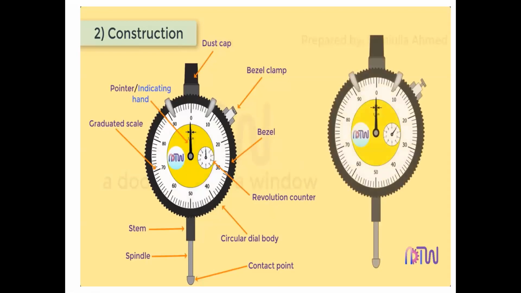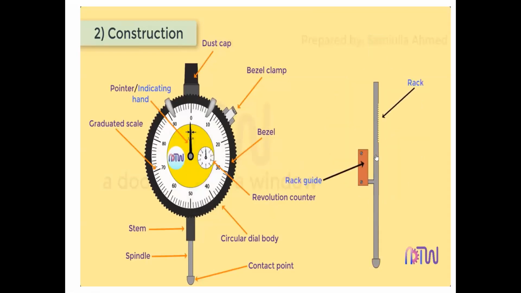And those are rack guide, gear train, hairspring. The plunger can rotate about its own axis, so rotation of the plunger about its own axis is prevented by this rack guide.